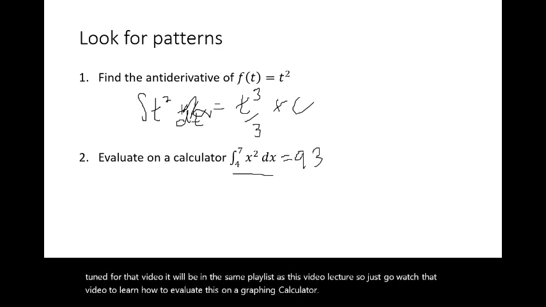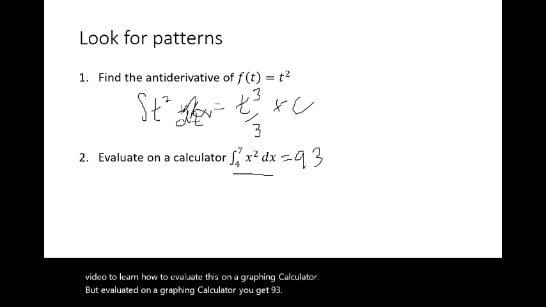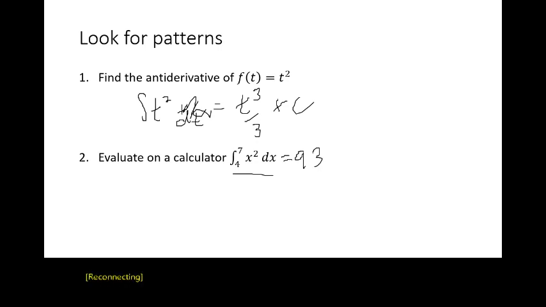What I want you to do is pause the video and take a few minutes to take the antiderivative t cubed over 3, with the bounds 4 and 7, and see what combination of evaluating t cubed over 3 at 4 and 7 and doing any other arithmetic operation will give you 93.